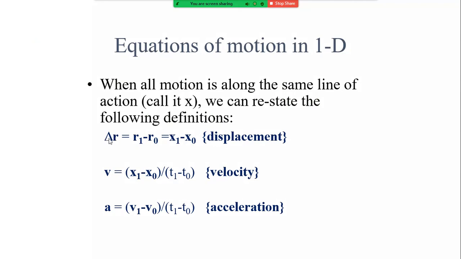This is just the change in R. The final and initial are sometimes written as 1 and 0. You're going to see this in both ways, and you're going to need to be able to recognize it in both ways. So R1 is R final, R0 is R initial. That gets confusing because the 1 can be misinterpreted as an I pretty easily.